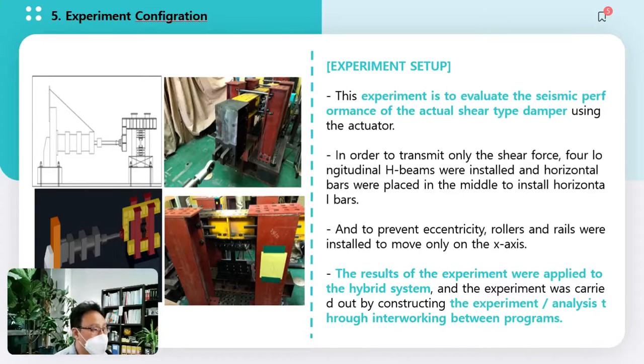This experiment uses actuators to assess the seismic performance of real shear dampers. A 100 ton hydraulic actuator was used and the test damper was installed. The leftmost top figure is the experimental setting, and the bottom figure is the experimental setting in 3D.